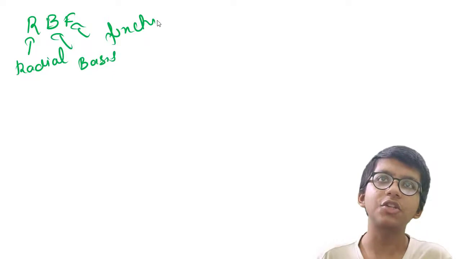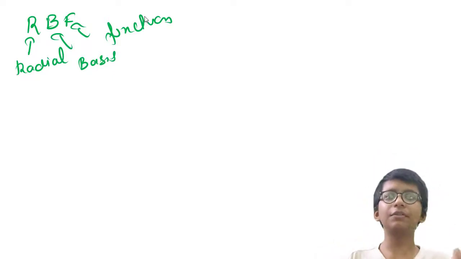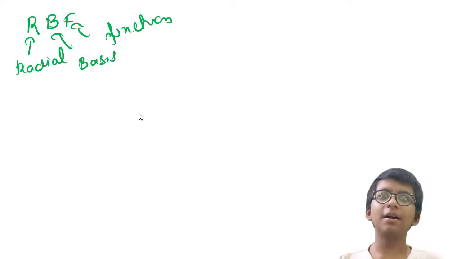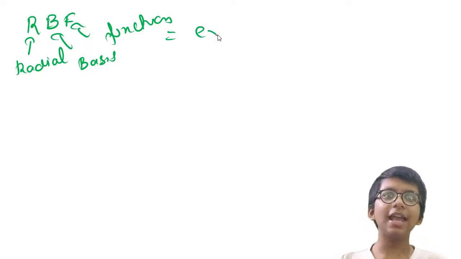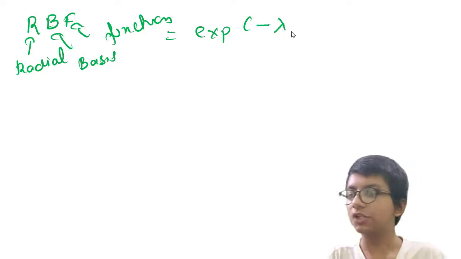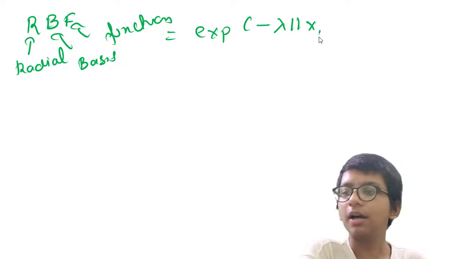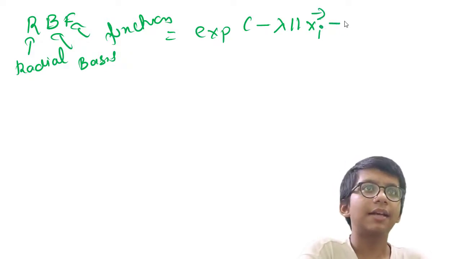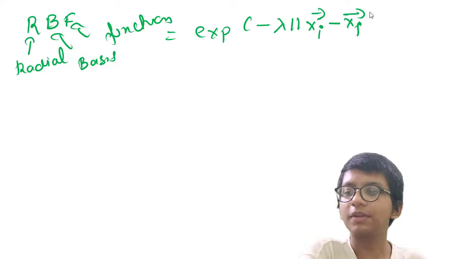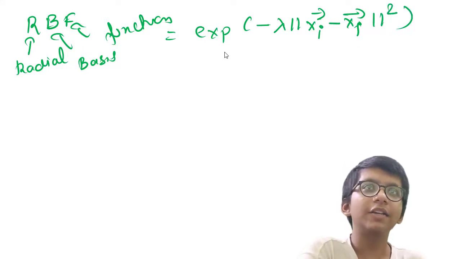It's defined like this: exp of minus lambda times the norm of the distance between xi and xj, squared, where lambda is greater than 0.